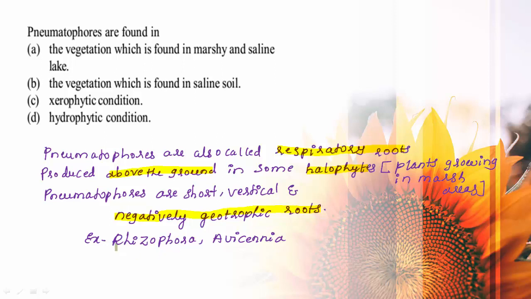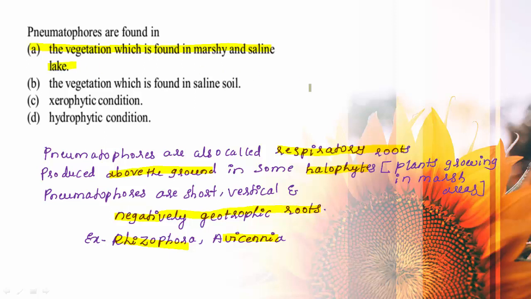The example for the halophytes: Rhizophora, Avicennia. So both of them are showing the development of nematophores. So the right answer for this question is option A. The vegetation, that means group of the plants, which is found in marshy and saline lake.